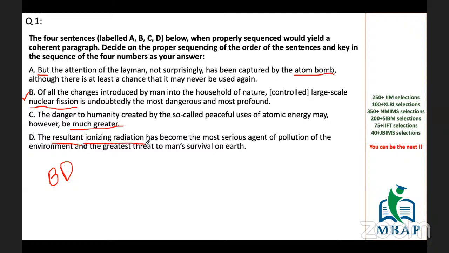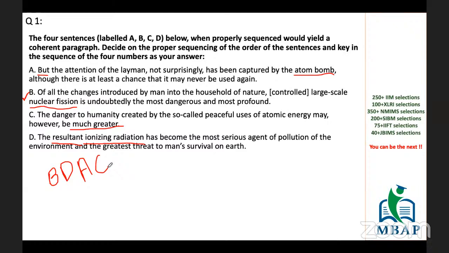Okay, on which no one is paying attention. Everyone is paying attention to atom bombs, but we need to pay attention to this. So the contradiction is justified. So A, I'm left with only C, so C becomes my conclusion. Doubt, question?